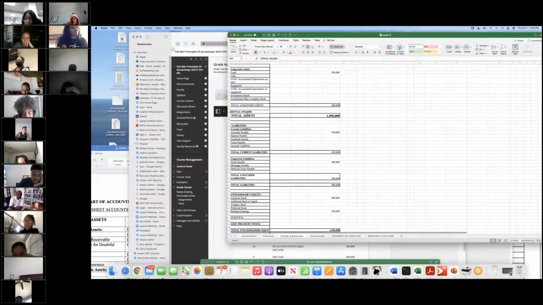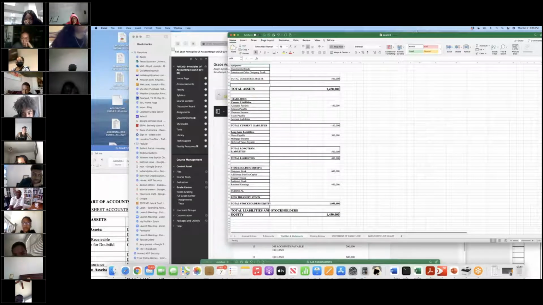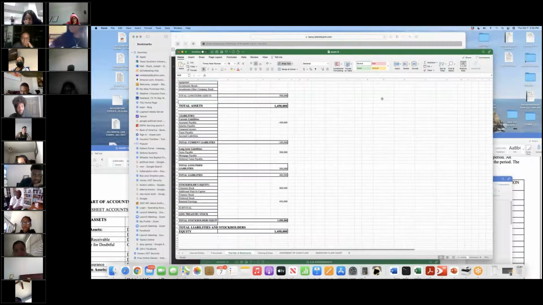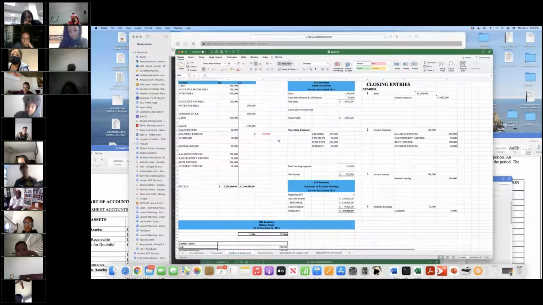Correct. Okay. Why you say it didn't balance then? It did. Let me see. I got 1650 on it. I think he's talking about the bottom part. Yeah, the bottom, the total liabilities and stockholders' equity didn't balance. Wait a minute. Okay, so the rental income should have been in here.